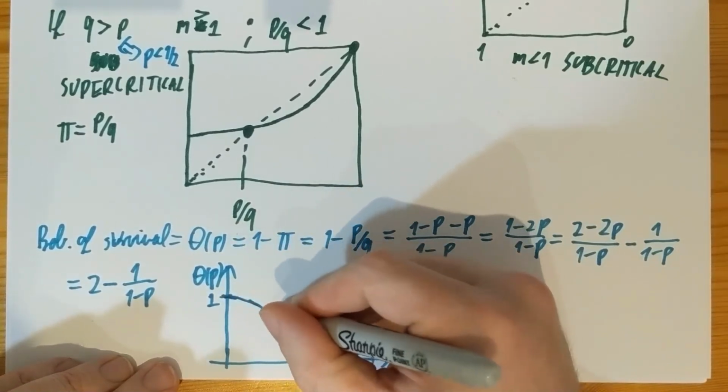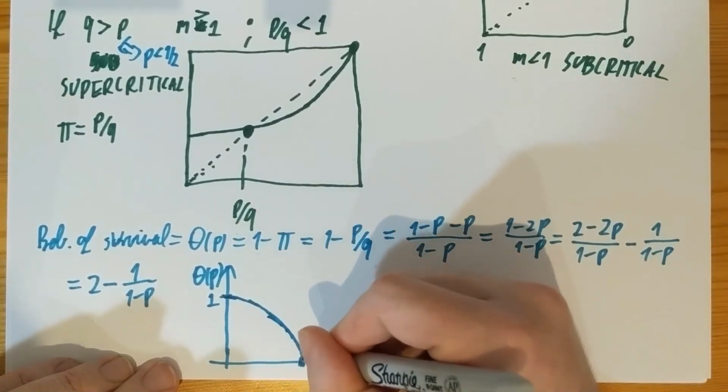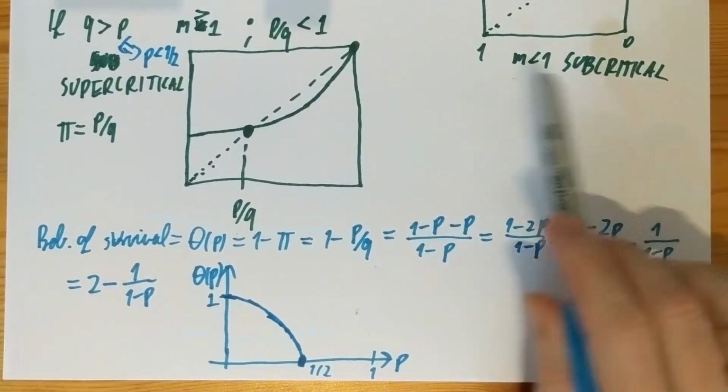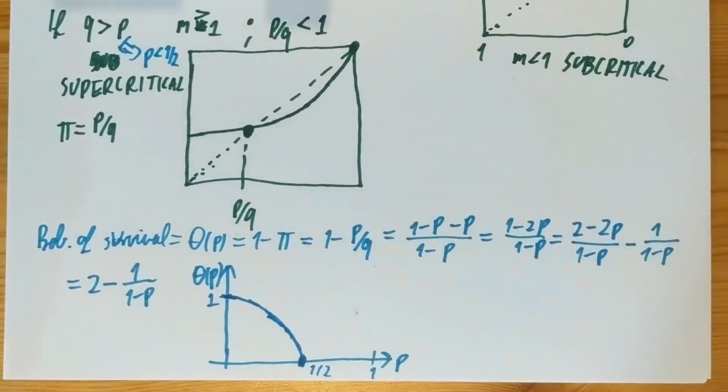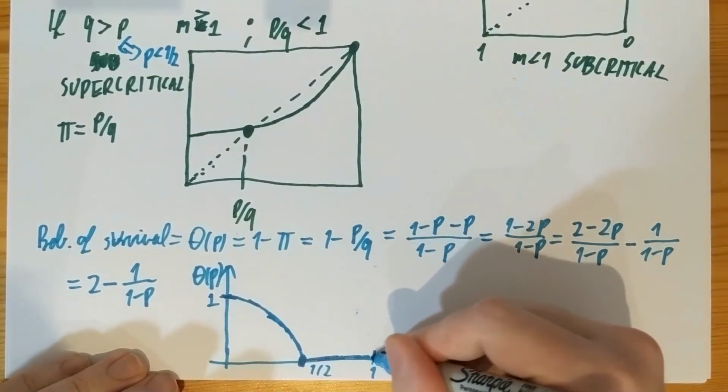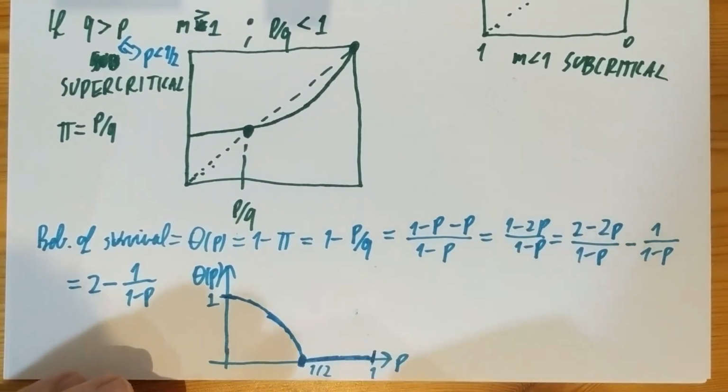It does something like this. This is the survivor probability when p is less than 1/2, when we are supercritical. When we are subcritical, then pi is 1, extinction probability is 1, so theta is 0. So this is the diagram for survival of this Galton-Watson process forever.